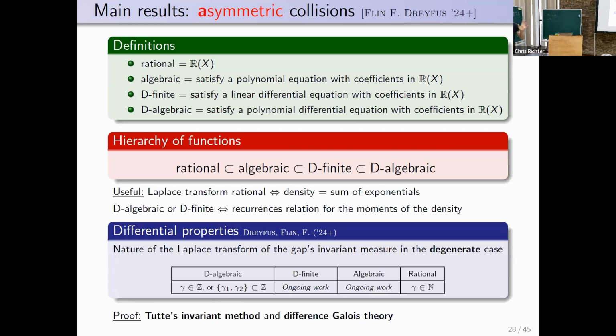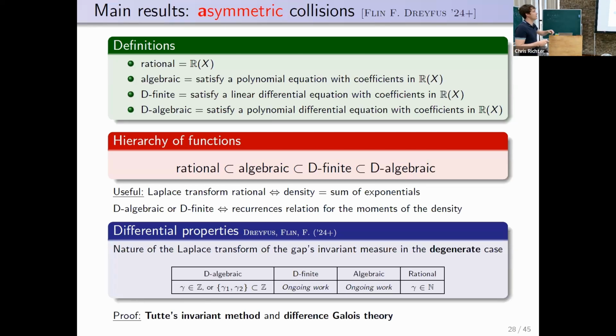We get also something a bit more, not complicated, but I don't know if you are used to it. It's something that the combinatoricians love, which is to classify the Laplace transform in terms of some hierarchy of functions. So maybe you all know the rational function. Maybe you know also what is an algebraic function. And you can also define what is a differentially finite function and a differentially algebraic function.